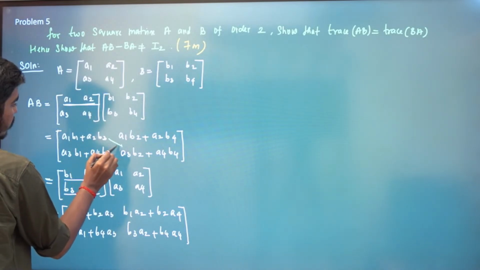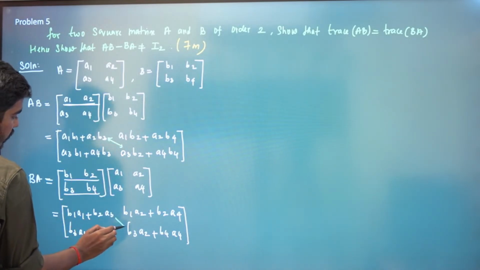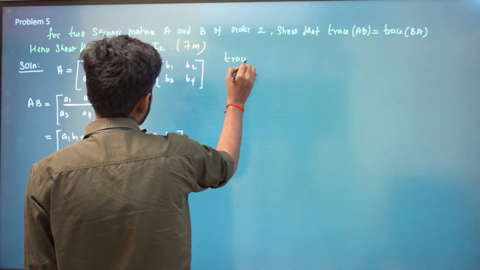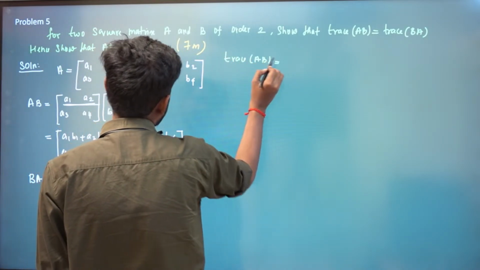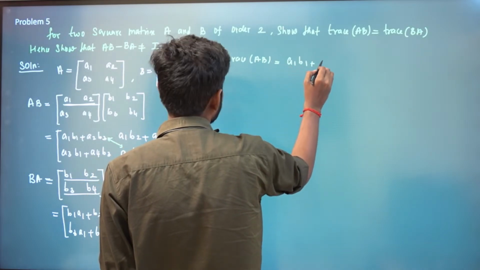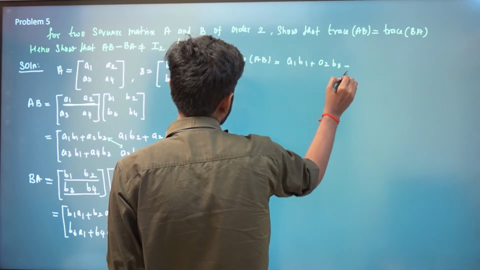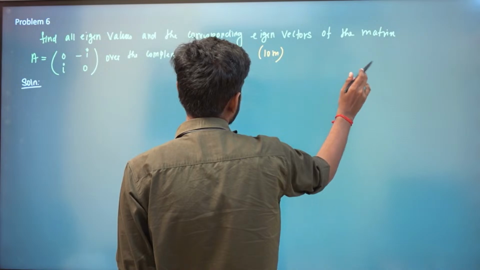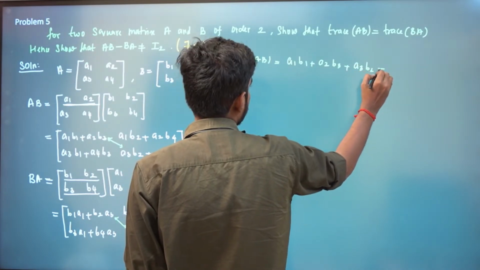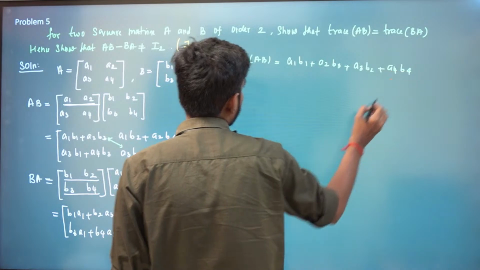Now, what is trace of AB? Trace of AB is the sum of the diagonal elements. So we have A1 B1 plus A2 B3 plus A3 B2 plus A4 B4.